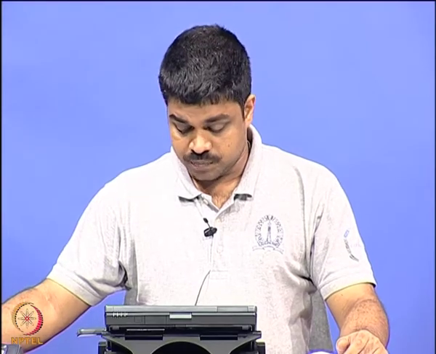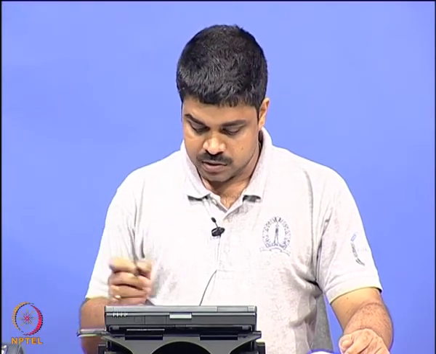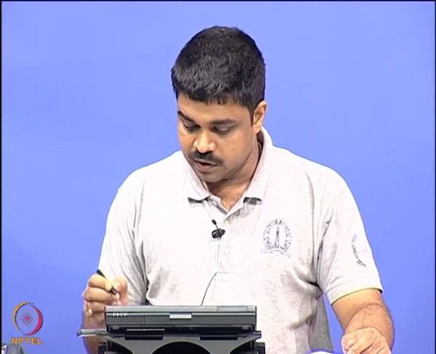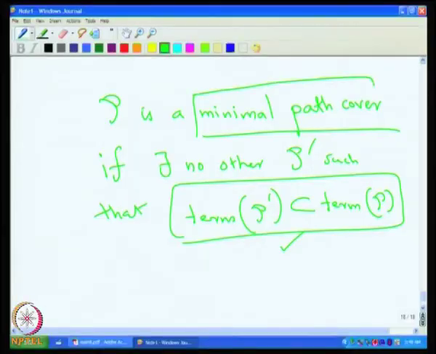So of course a minimal path cover need not be a minimum path cover, but it is very clear that if it is a minimum path cover, the smallest cardinality one, it has to be a minimal path cover.